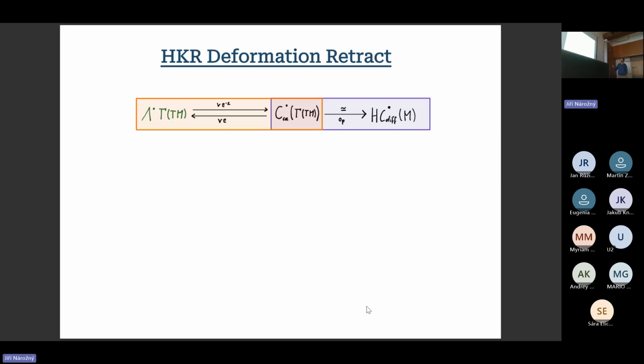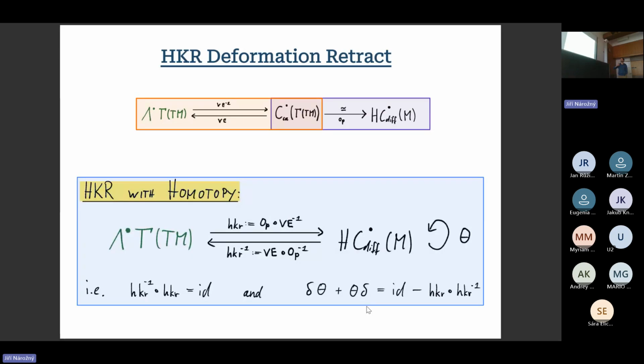So these are quasi-isomorphisms between the coalgebra cohomology and the multi-vector fields. Now you see, we just make this identification and we end up with the Hochschild-Kostant-Rosenberg theorem, now with an explicit homotopy. So again, what do we have? We have our multi-vector fields here.